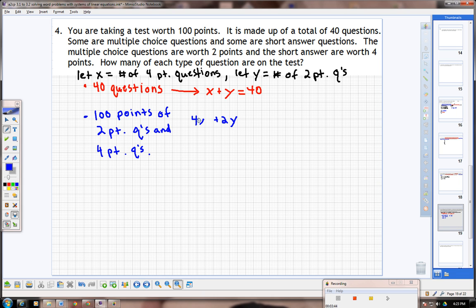So understand here, some may have considered that to be backwards, but I define my variables to let x be the number of 4-point questions and y to be the number of 2-point questions. That's why it's very important to be extremely organized and specific when solving systems of equations.